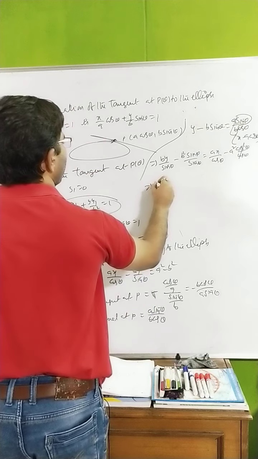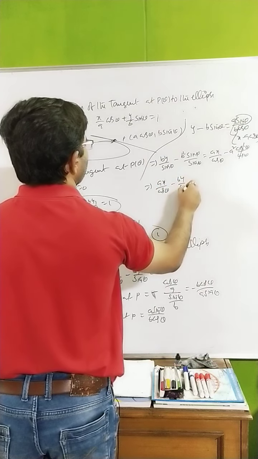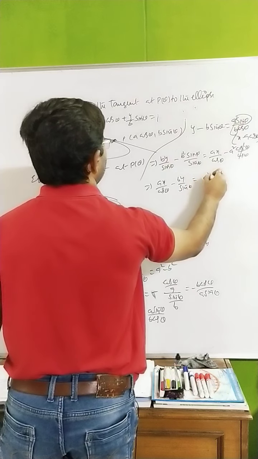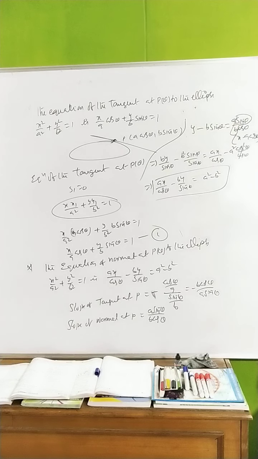So finally we got ax by cos theta minus by by sin theta, rearrange this, equals a square minus b square. This is the equation of the normal. So tangent and normal in parametric form, we did it, sir.